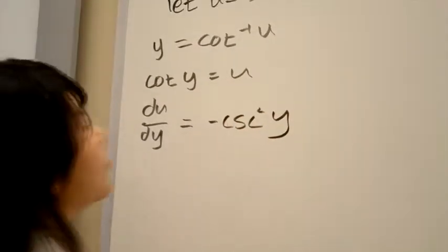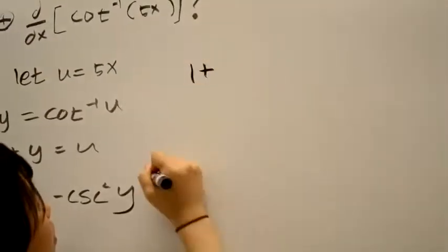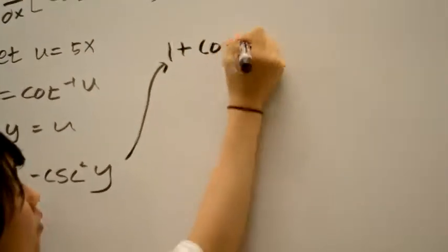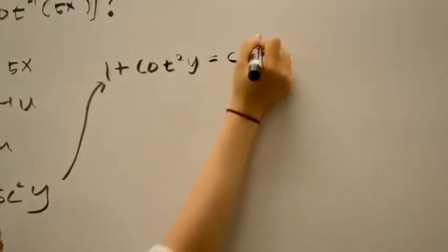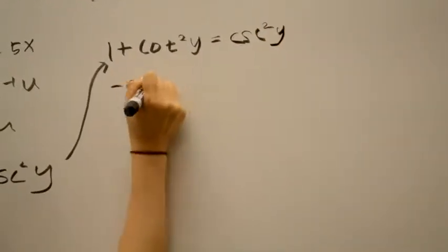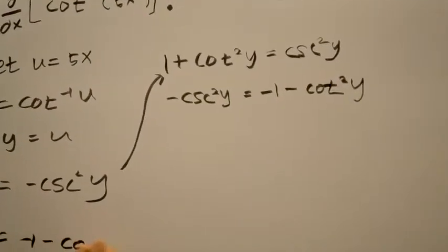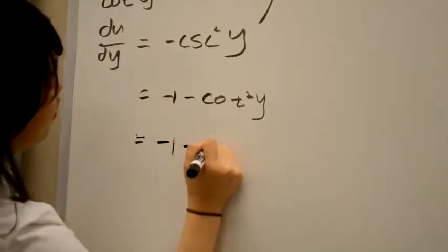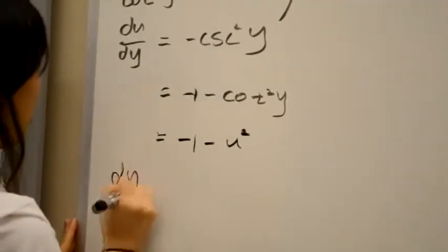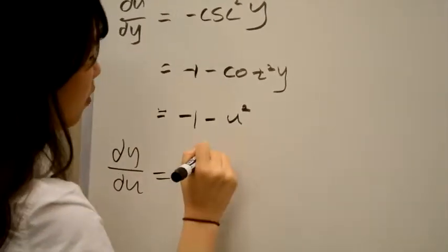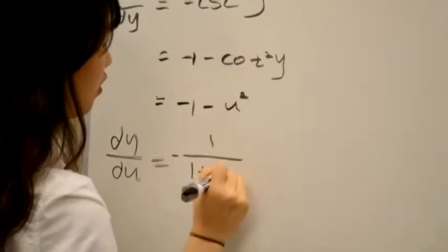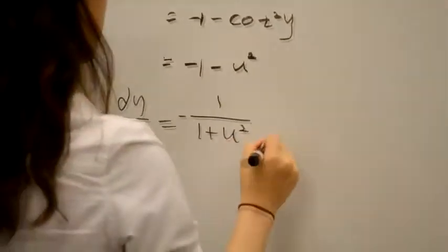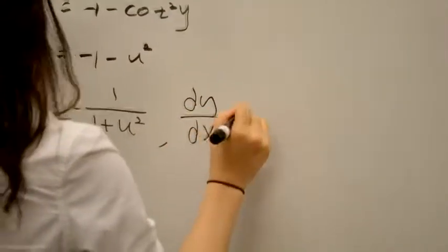And when we get du/dy by taking derivatives of both sides with respect to y, and if we use a trigonometric identity here, we know that negative cosecant squared equals negative 1 minus cotangent squared y, which is going to be negative 1 minus u squared. So in order to get dy/du, we just flip it. That's going to give us negative 1 over 1 plus u squared.